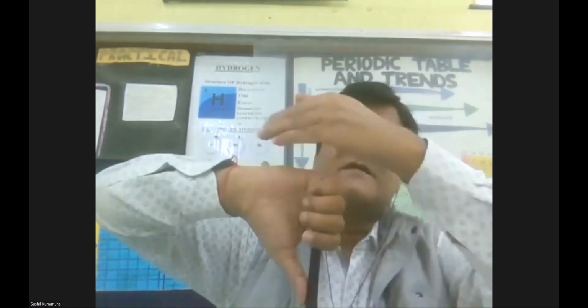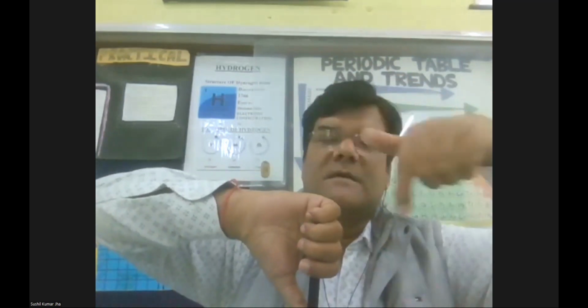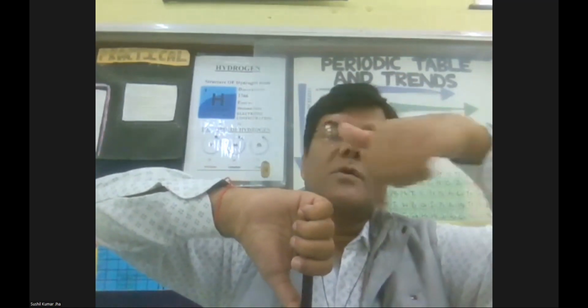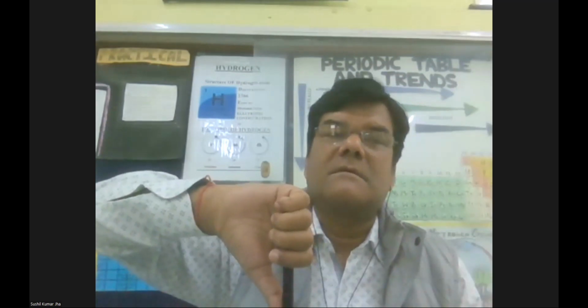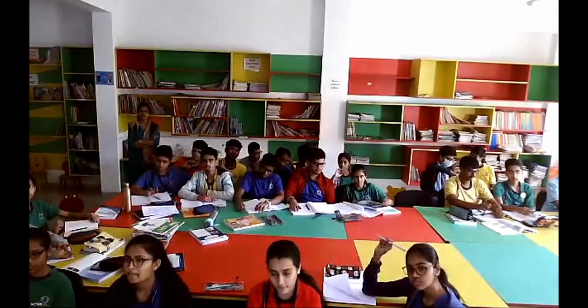Then the curled fingers give the direction of magnetic field. Now these four curled fingers are in clockwise direction. Are you getting it? Okay, good.